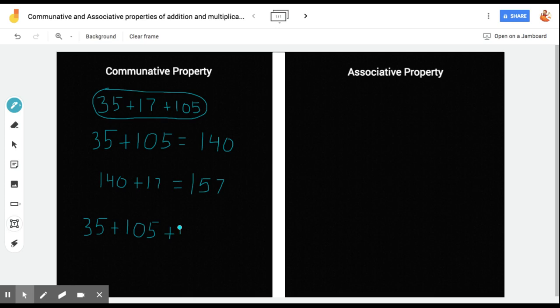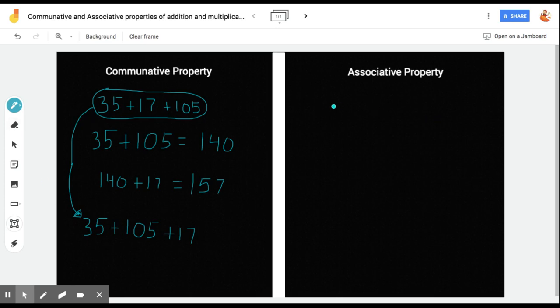That was a lot easier for me to add in my head than if I did 35 plus 17 plus 105. So the commutative property says that no matter the order I'm doing, as long as I'm always doing addition, the order of my numbers doesn't matter.